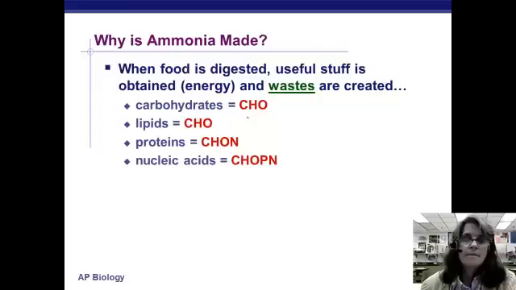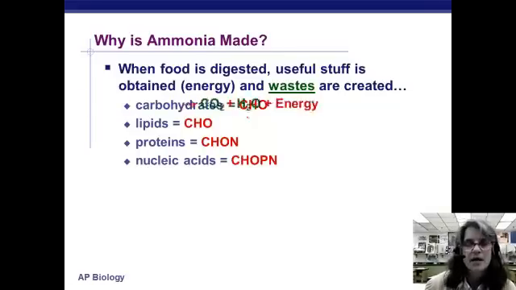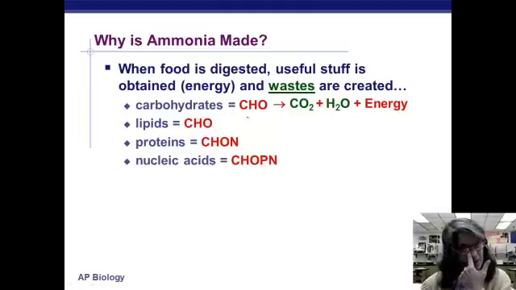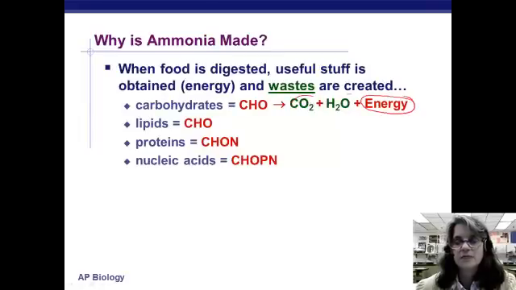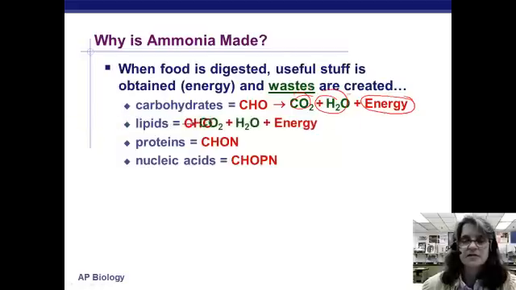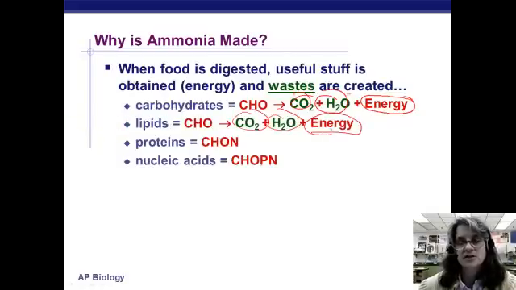So, this is getting at what I just told you. When you break down food, useful stuff is obtained, obviously. When you break down carbohydrates, you're going to get energy out of them. You're also going to get these waste byproducts. Lipids, same deal. You're going to get these waste byproducts, and you're going to get the energy that you want.